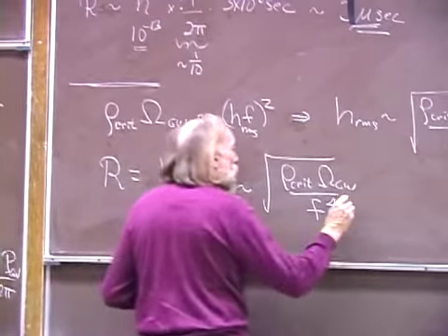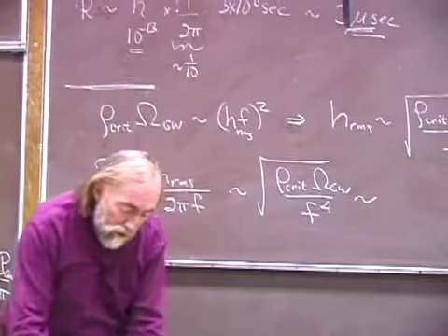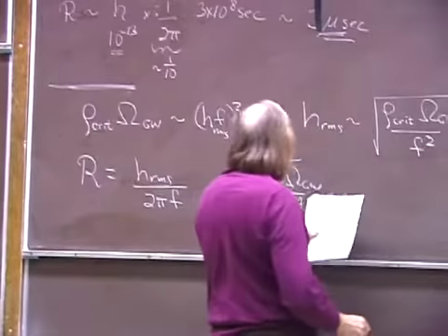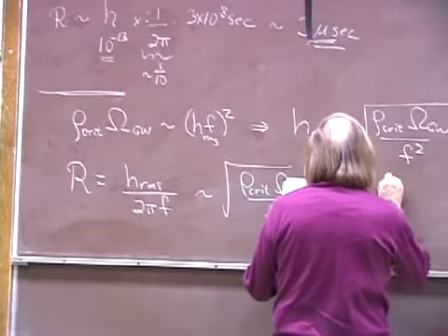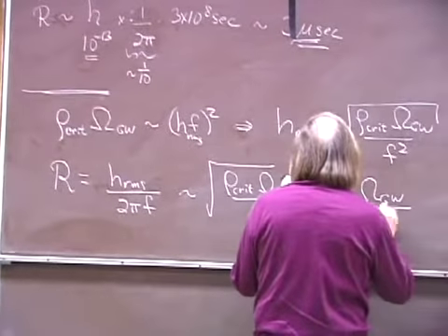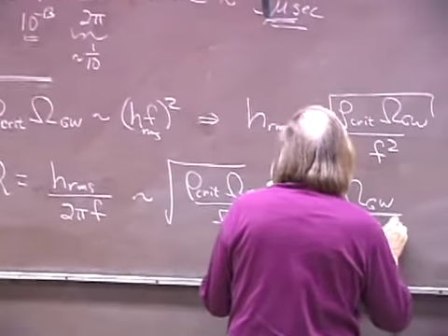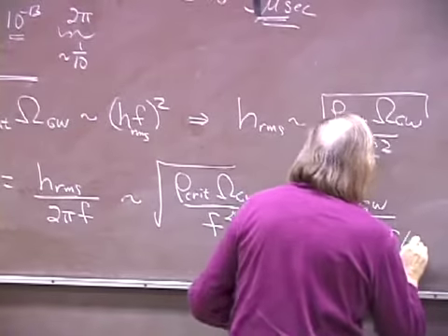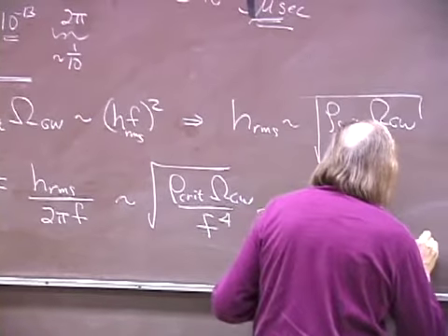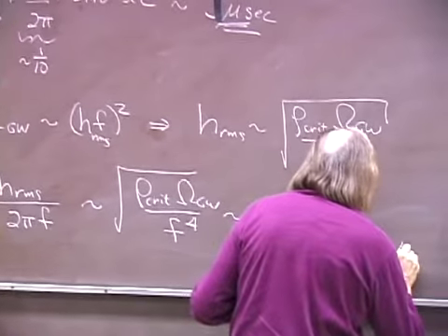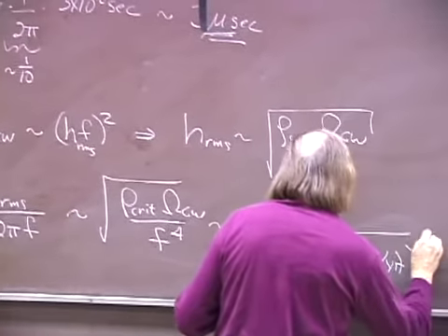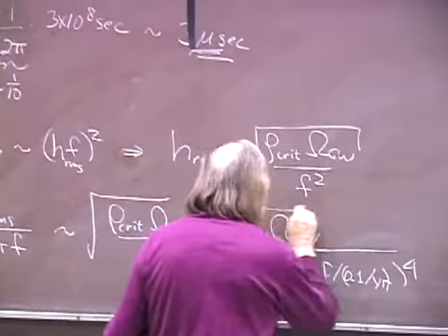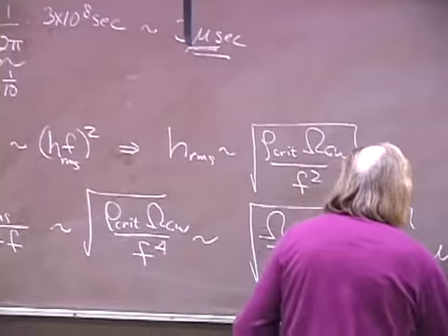Now, let me just give you a number here. When you put in the factors of 2 pi, this goes to something like an omega gravitational wave over 10 to the minus 8 times frequency in units of 0.1 cycles per year to the 4th power, and then the square root of the residuals in microseconds.